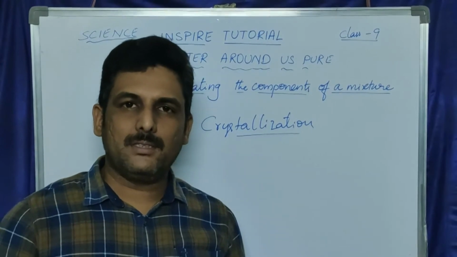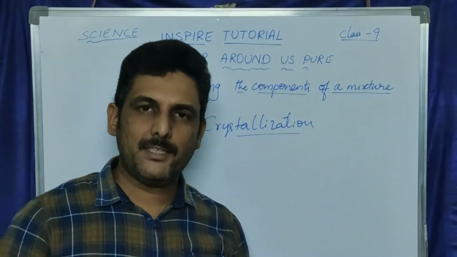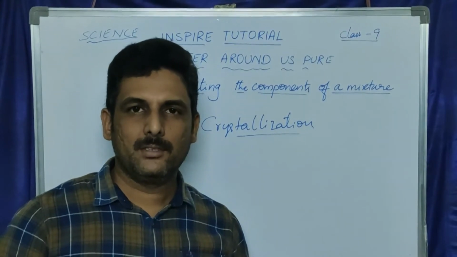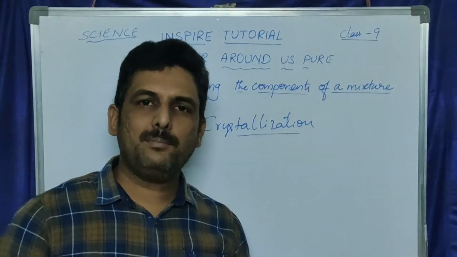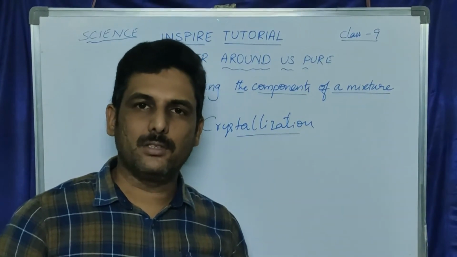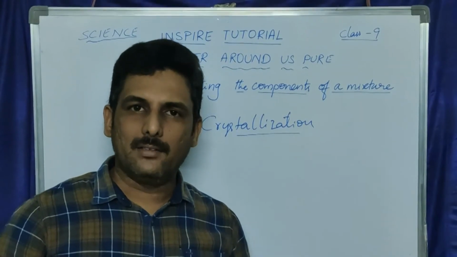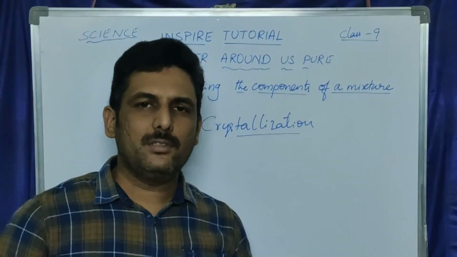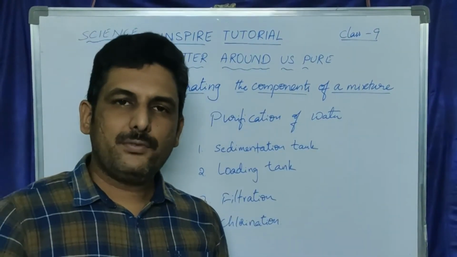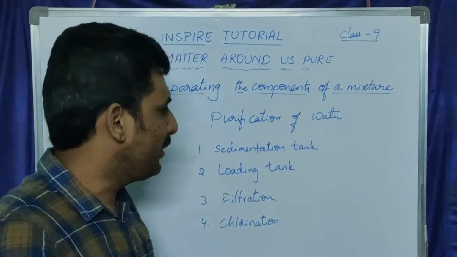Crystallization is a process in which we obtain the crystals of a solid from its impure sample. For example, we can obtain pure crystals of sugar from impure sugar, and similarly we can obtain pure alum from impure alum.